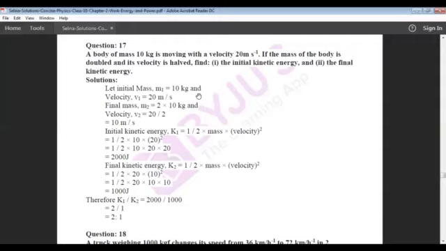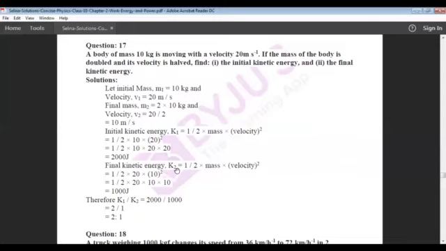So we need to find the initial kinetic energy. Initial kinetic energy is equal to half mv square. If you substitute, initial mass is 10 kg and initial velocity is 20 meter per second, you are going to get the initial kinetic energy as 2000 joules. And the final kinetic energy is half mv square, with final mass 20 kg and final velocity 10 meter per second.